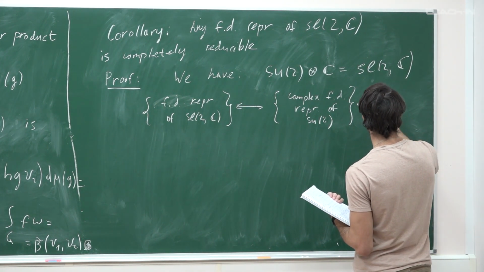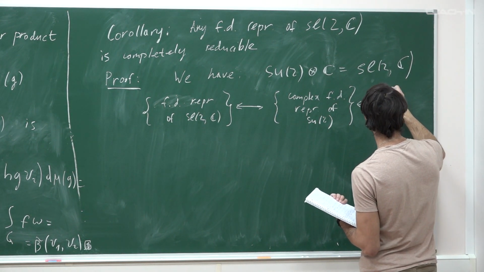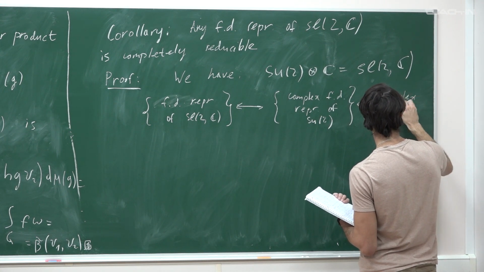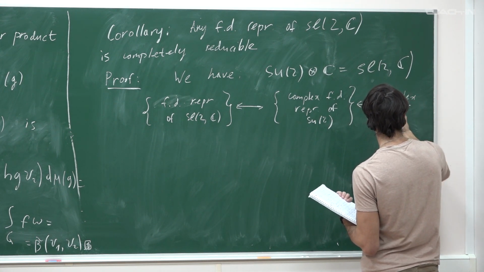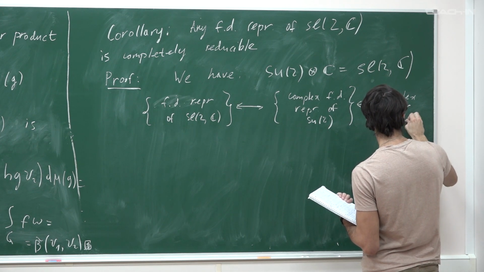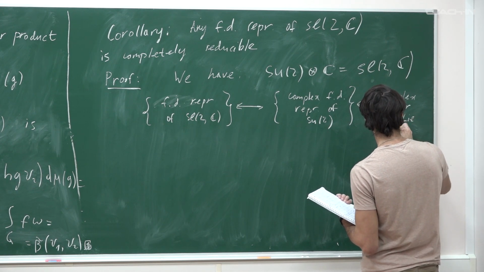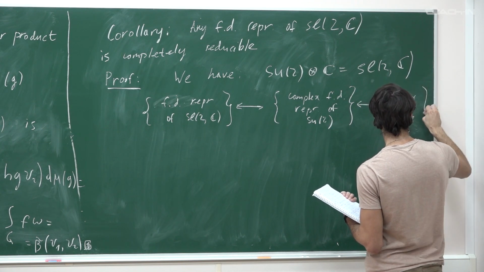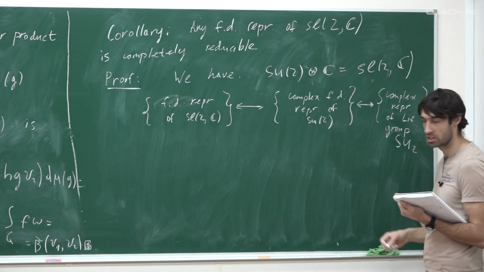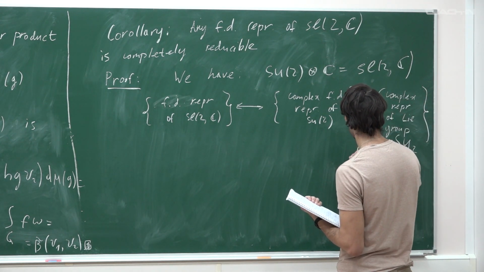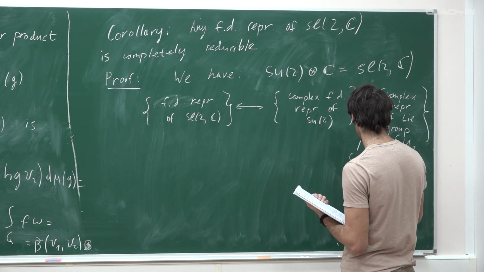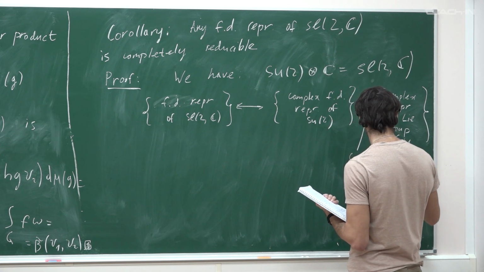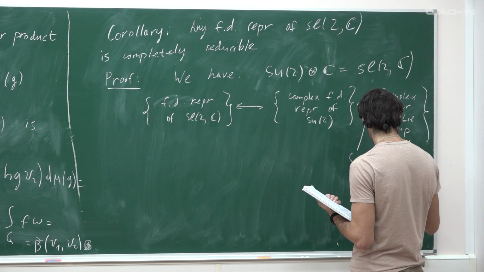And also all this corresponds to complex representations of the Lie group SU2. This is because SU2 is simply connected, pi_1 is trivial.